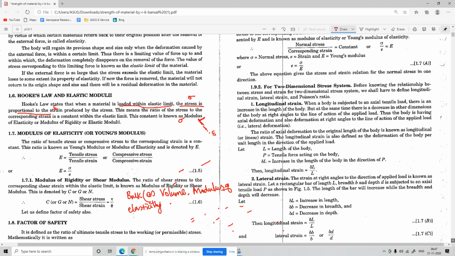This can be defined as a letter called K. The bulk volume modulus of elasticity is a ratio between the normal stress to the volumetric strain. Let's consider epsilon suffix v, or volume. It is represented as the letter K.